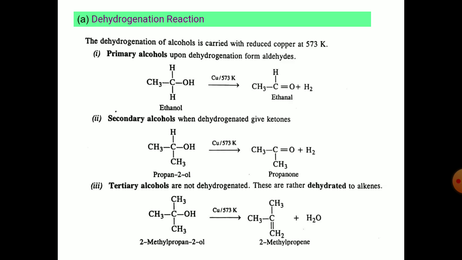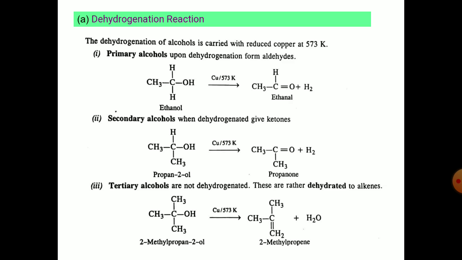Primary alcohols upon dehydrogenation form aldehyde. Let us see, CH3CH2OH in the presence of a copper catalyst at 573 Kelvin. Then what happens? The H of oxygen and the H of the nearby carbon are removed. What happens? A double bond is formed, ethanal or acetaldehyde is produced along with hydrogen gas.